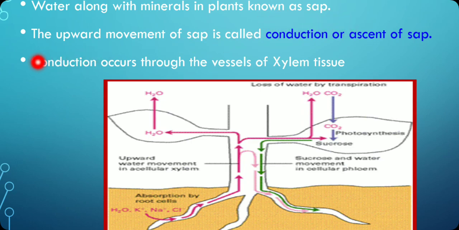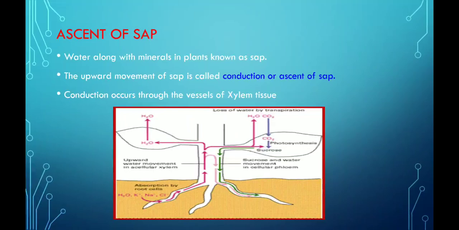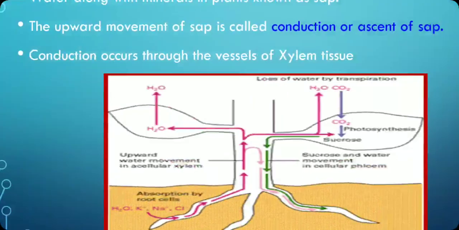The upward movement of sap is called conduction, or ascent of sap, which is the name of the topic. Sap you understand, and ascent means moving upward. So now I think you understood ascent of sap.